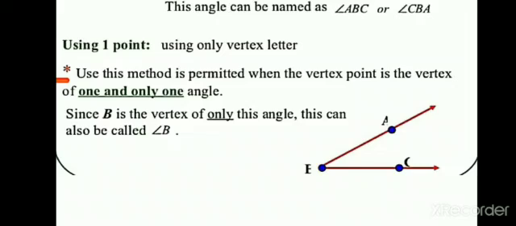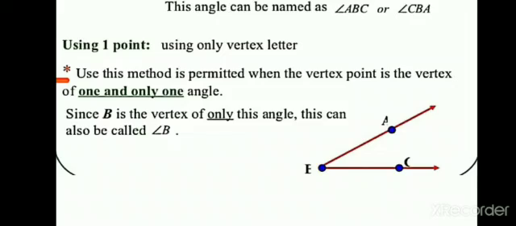For example, here there is an angle, and on that angle there are 3 points, A, B and C. In that, B is in the middle, that means B is on the meeting point of the two rays. So when we name the angle, we say angle ABC or angle CBA. The letter which comes in the middle represents the angle.